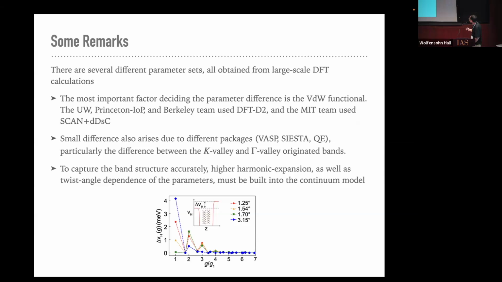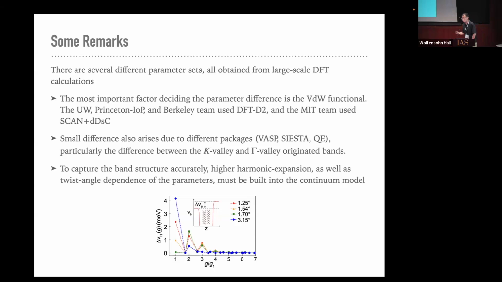But the MIT team used SCAN+rVV10, and this actually caused the largest parameter difference. There are also some small differences due to different packages like VASP, Siesta, Quantum Espresso, but those mainly determine the difference between the gamma and the K bands.